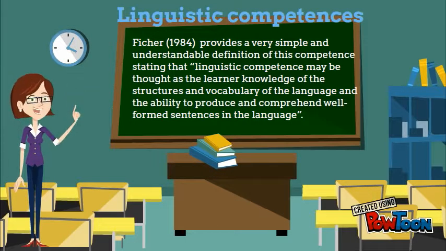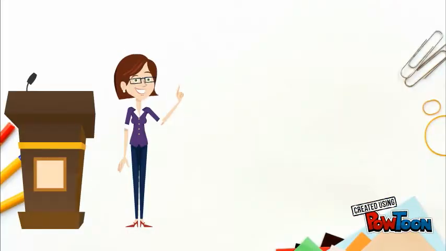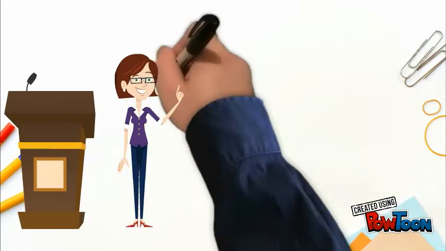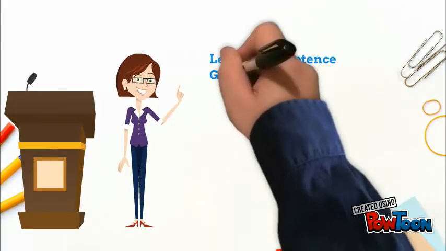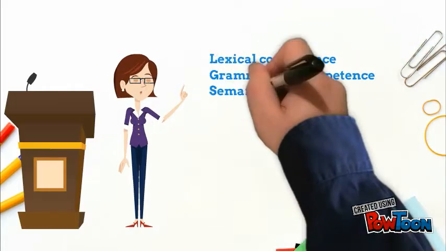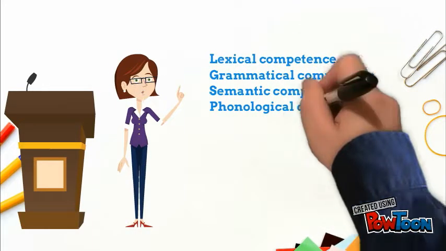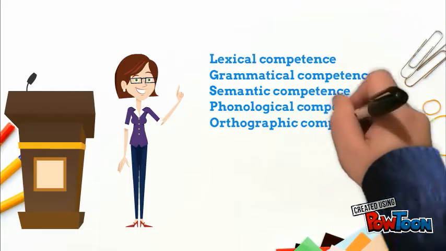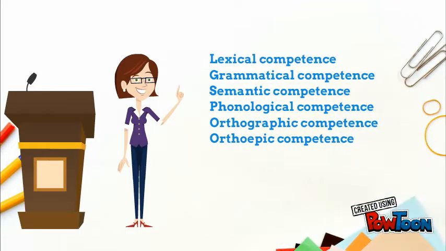This means that linguistic competence comprises more elements inside it, and they are listed in the next image: lexical competence, grammatical competence, semantic competence, phonological competence, orthographic competence, and orthoepic competence.